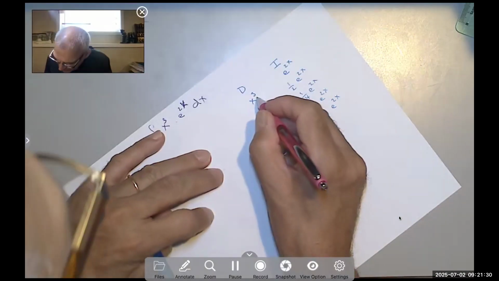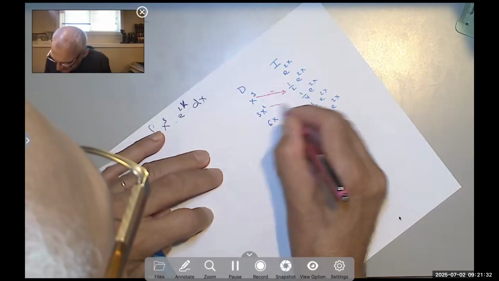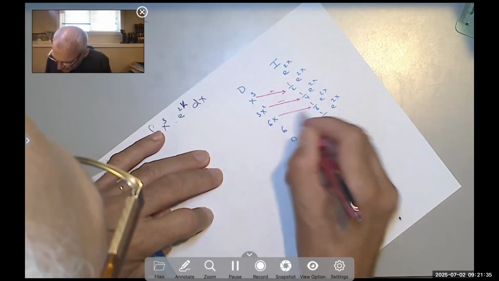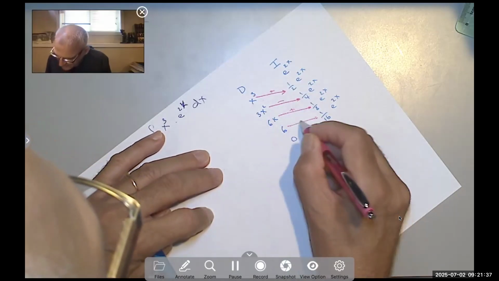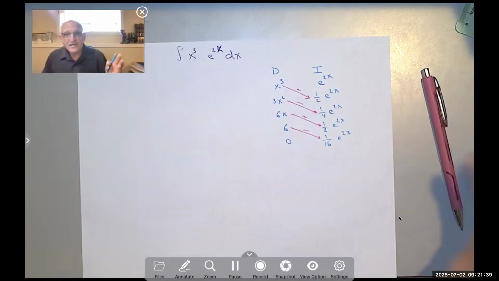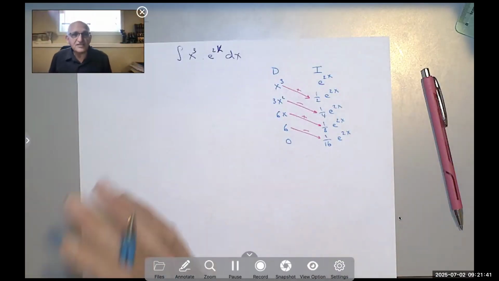Now I'm going to say first times second positive, second times third negative, third times fourth positive, fourth times fifth negative. And you see how easy and how fast we can do it?